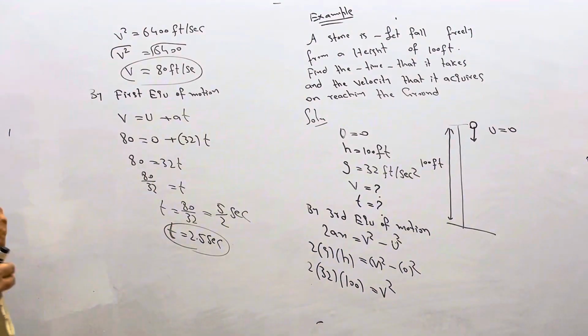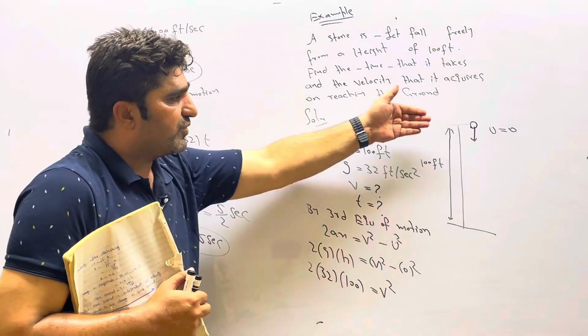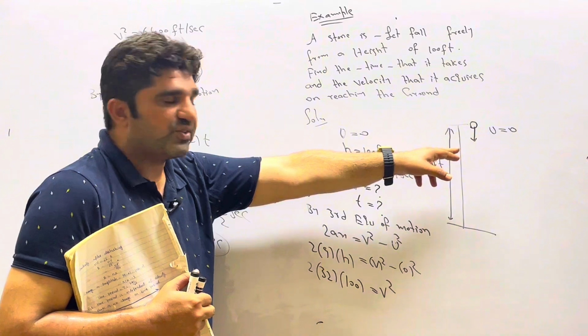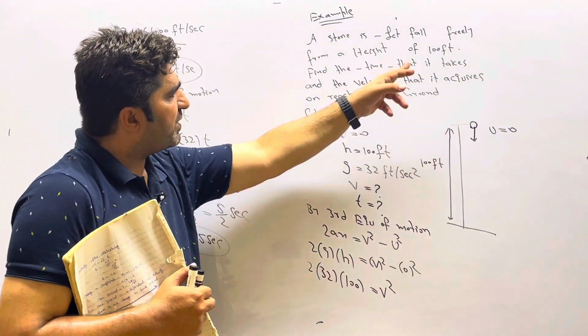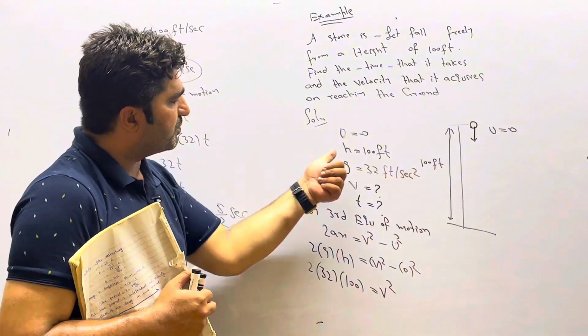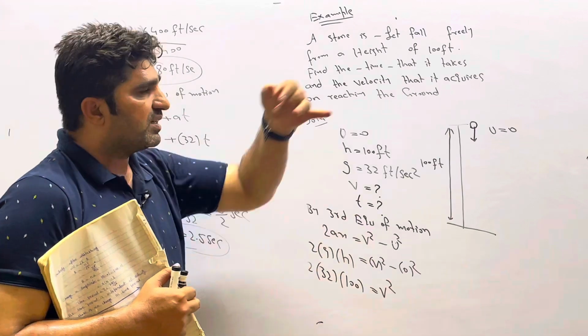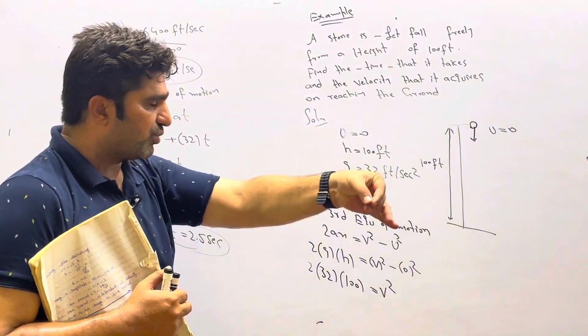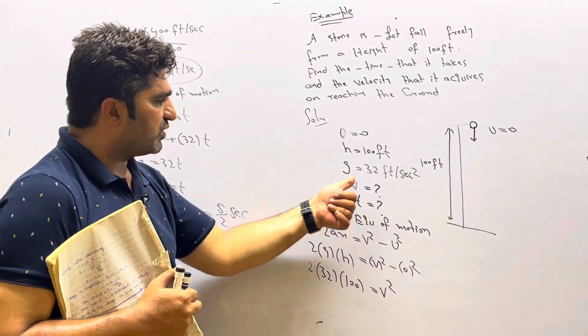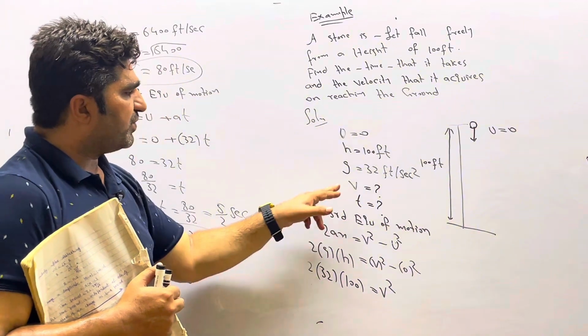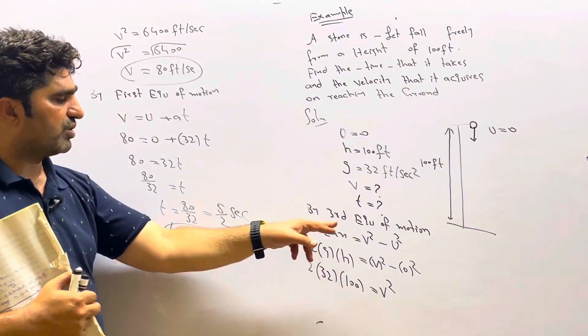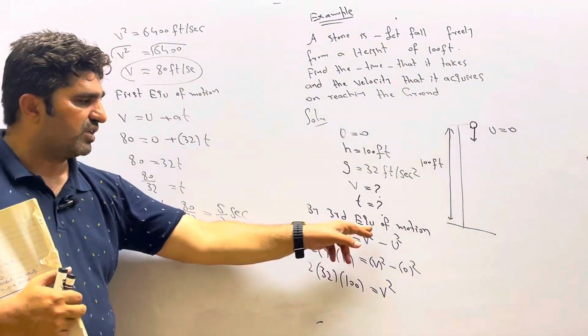Again, I'm revising this for you. The particle is let fall, so its initial velocity will be 0. It's let fall from a height of 100 feet, so h is 100 feet. Because the particle is moving from above to down, g will be positive. You want to find the final velocity and time. For the final velocity, you use the third equation of motion, 2ax equal to v square minus u square.